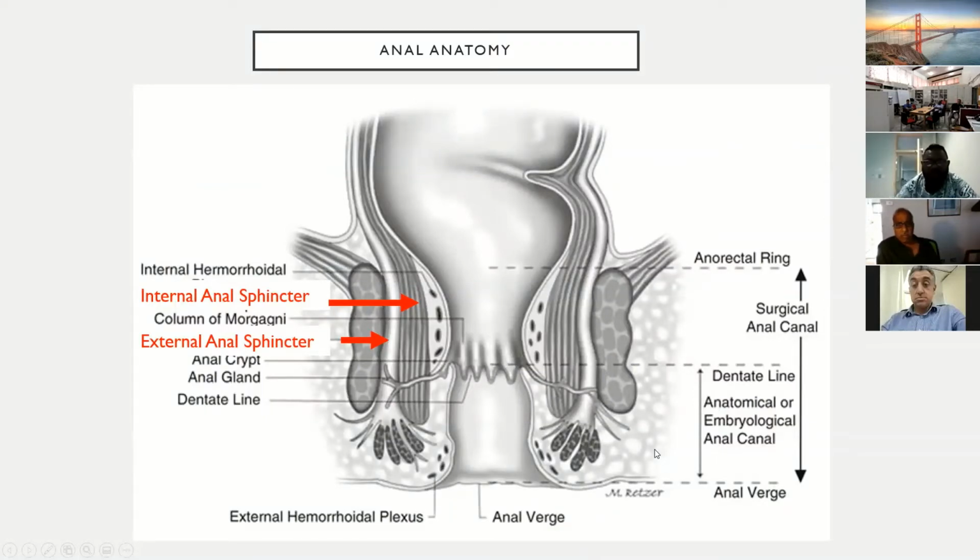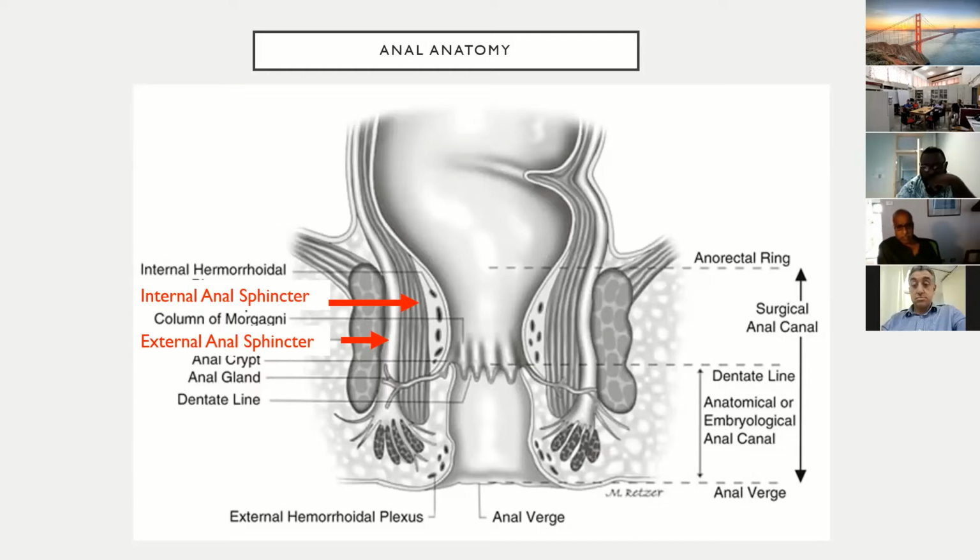Now, to understand anal abscess and fistula, we need to understand the anatomy. The anal canal is divided into the anatomical anal canal and the surgical anal canal, which means that the hindgut comes and joins the proctodeum at the level of the dentate line.